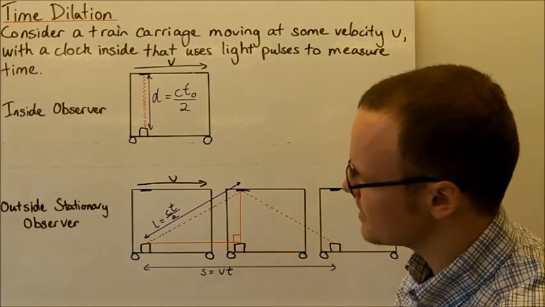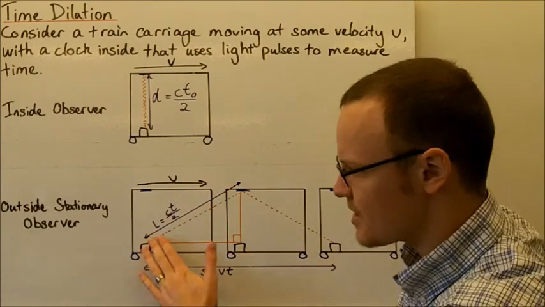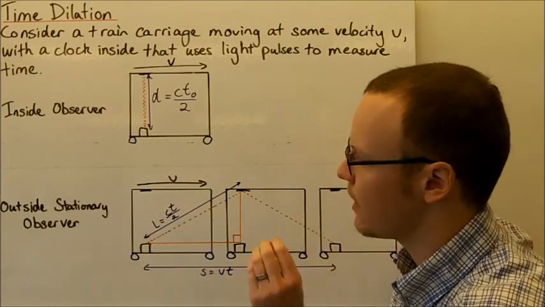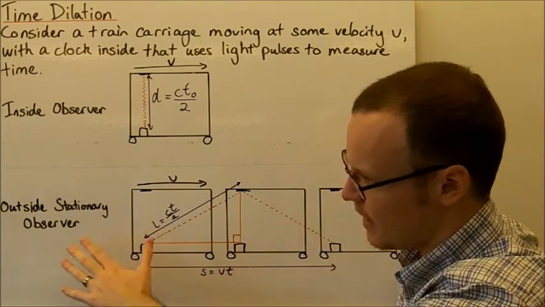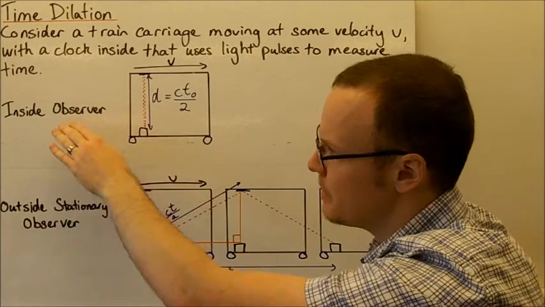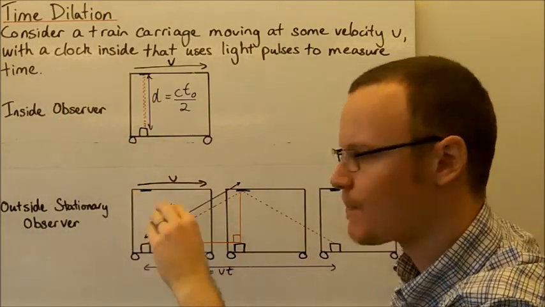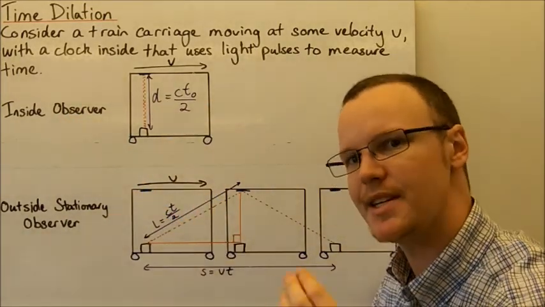Already we can see that the actual distance the light has to travel is going to be longer for the stationary observer compared to the observer inside the carriage.